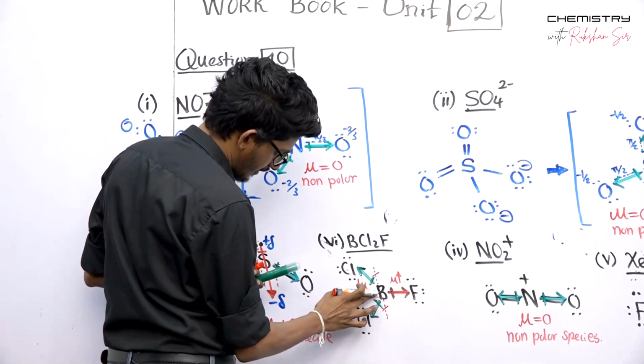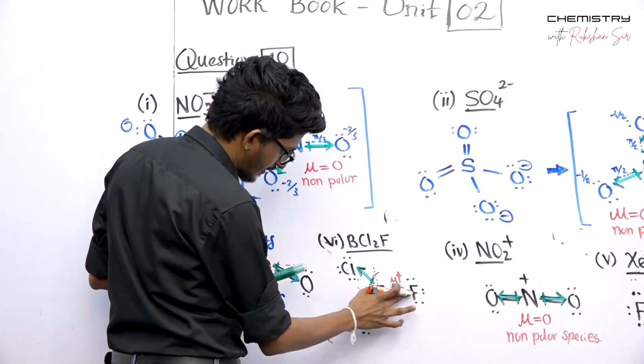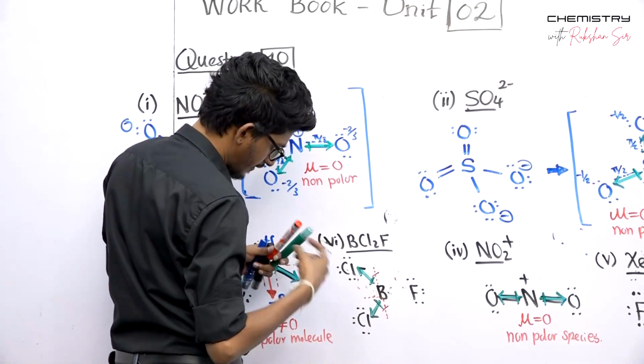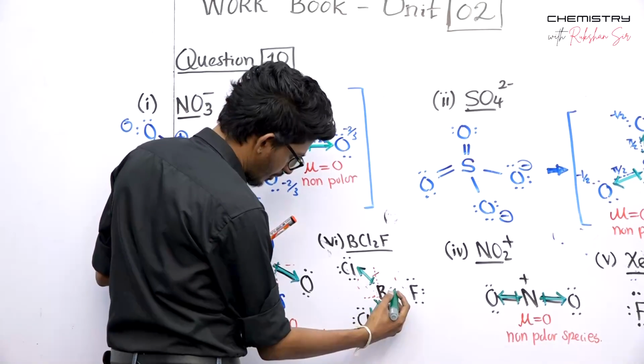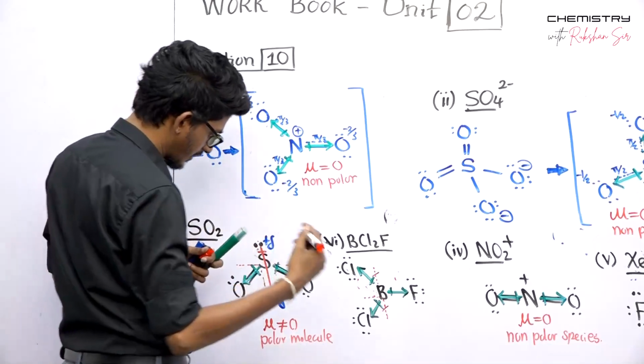So we can draw it like this. The net dipole moment can be drawn. These are the individual dipole moments, right? So the net dipole moment can be drawn like this.